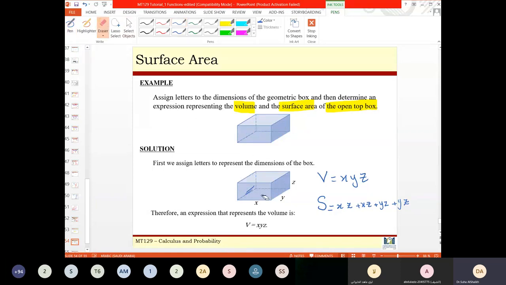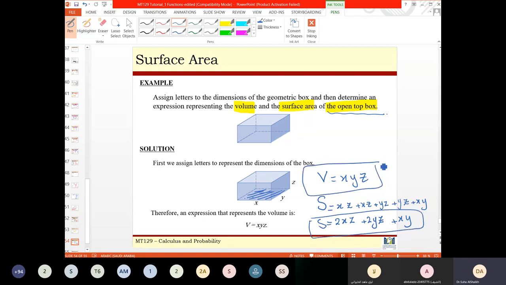Also, I have the bottom part, the base itself, which is XY. But there is no lid. He told me it's an open top box, open from above. So I don't consider the top XY, just the base. So this is 2XZ plus 2YZ plus just XY. So this is the surface area formula. This is the volume, and this is the surface area formula.